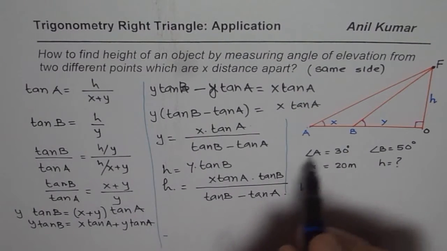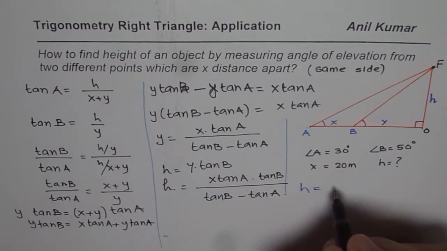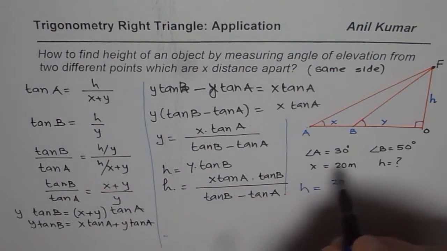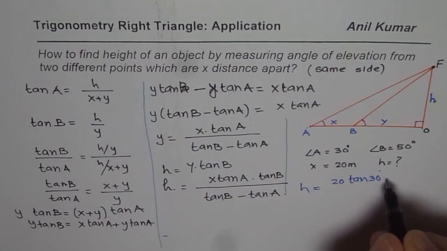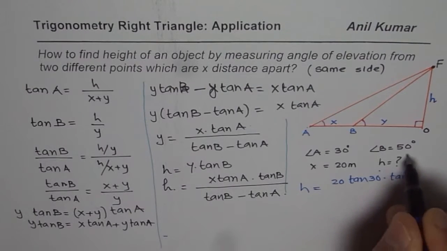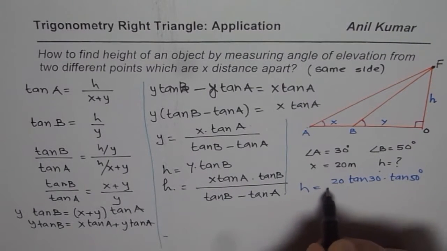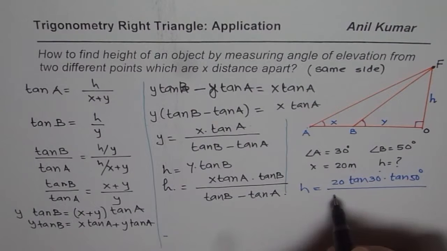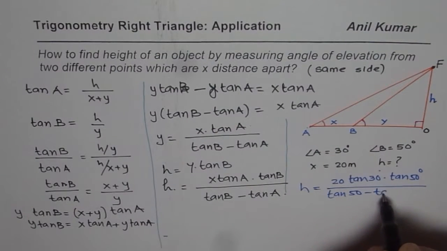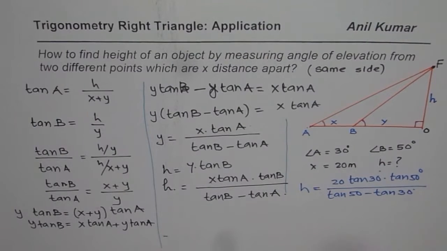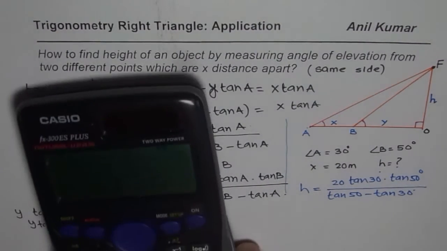So we know x is given to us as 20 meters. Let me write this as 20, times tan of angle A, which is 30 degrees, times tan of B, which is 50 degrees, divided by tan B, 50 degrees, minus tan A, 30 degrees, correct? So we can use the calculator and find this answer.